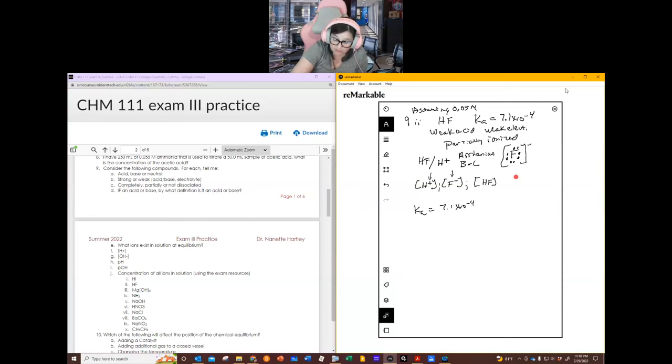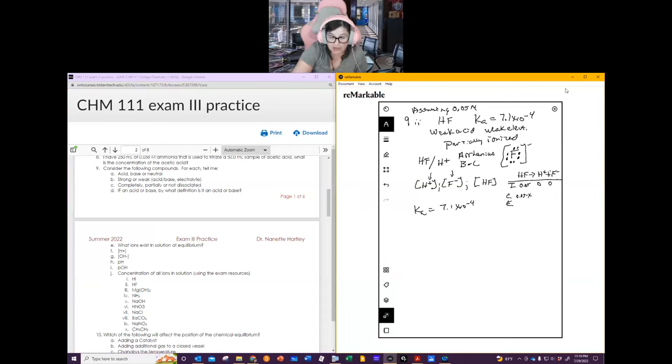Using an ice table, I'm going to make it really tiny because we should know what they look like at this point. So this is 0.05 in this case. These are going to be 0 to start with. This is going to be 0.05 minus x.